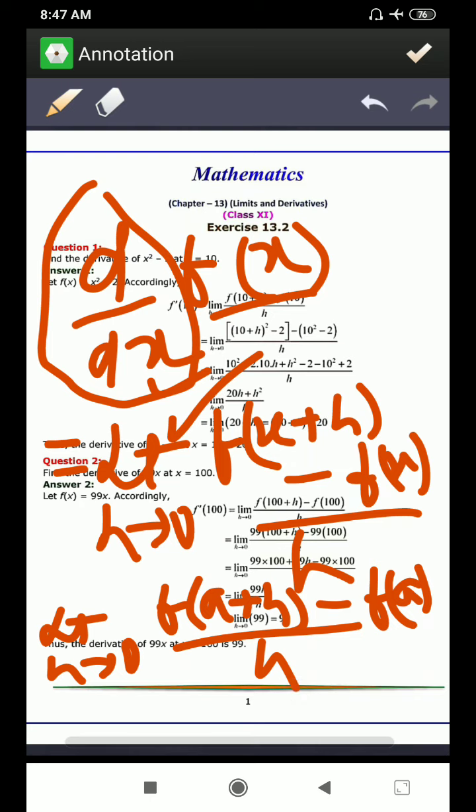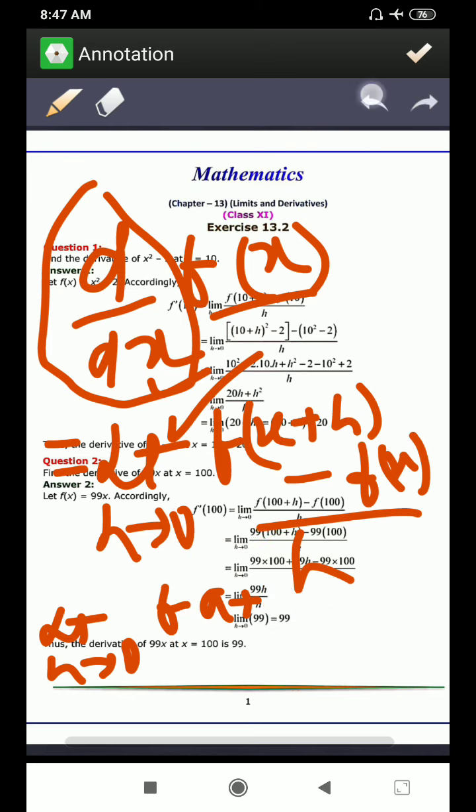Suppose you have to calculate the derivative at x equal to 0, so you put A equal to 0. Suppose you have to calculate the derivative at x equal to 1, so replace A by 1 in this formula. That is the formula to calculate the derivative of any function using the first derivative method or delta method.